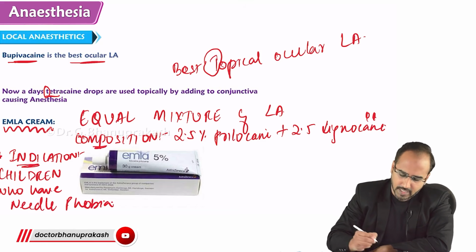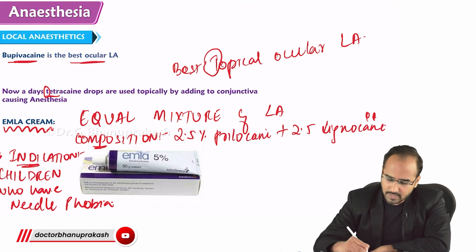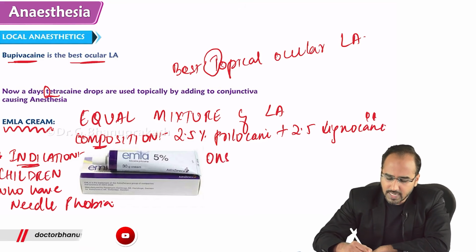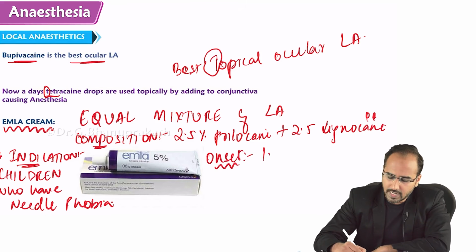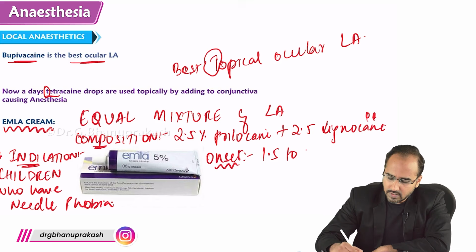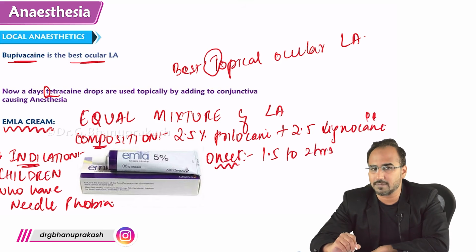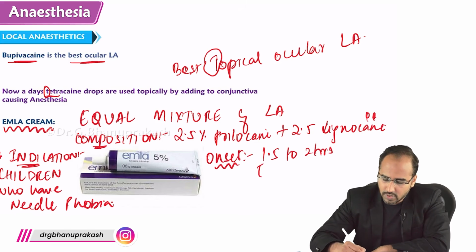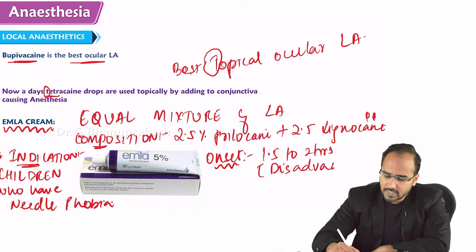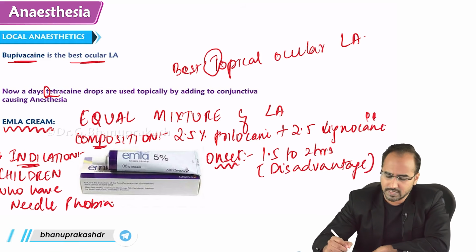What is the onset? How much time will it take for EMLA action to occur? It is 1.5 to 2 hours. That is the onset for EMLA cream. This onset is also a disadvantage of using EMLA. The waiting time is 1.5 to 2 hours.